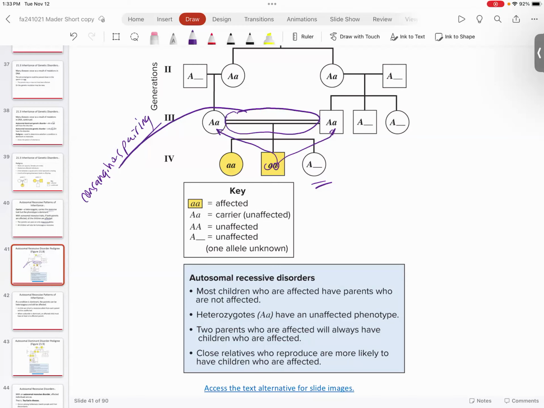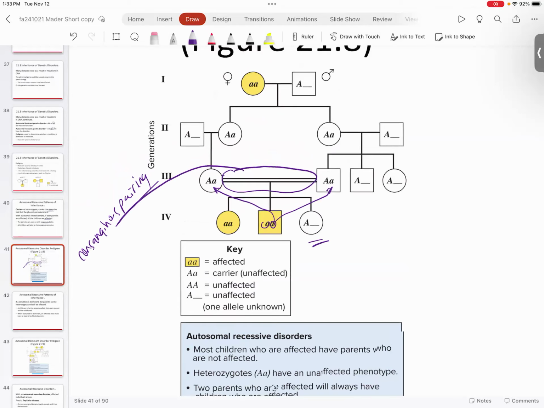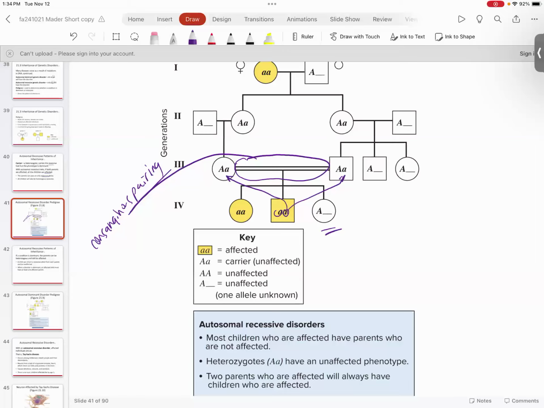And so that means these two individuals were closely related. You can see from this pedigree they were first cousins, actually. And so that's a consanguineous relationship. What that does is it increases the likelihood of these genetic disorders propagating through the family.